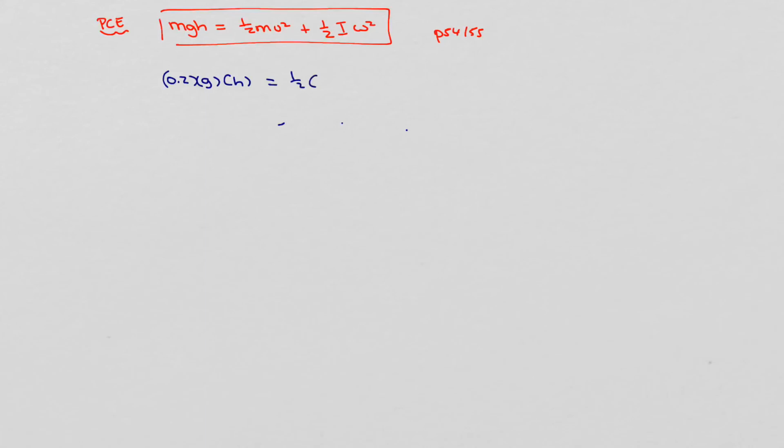And we have a half times the mass, so 0.2 by the linear velocity, which we know is 1.2 squared, plus a half times the inertia, which is 0.135, times the angular velocity, which is 4 squared. So simplifying all of that and rearranging to get h on its own gives us a value that it has descended a distance of 0.62 meters.